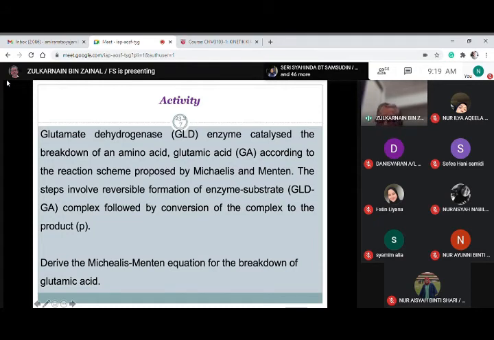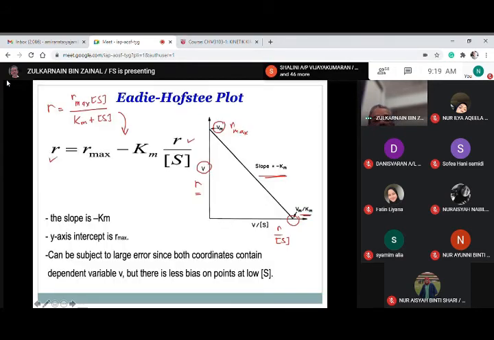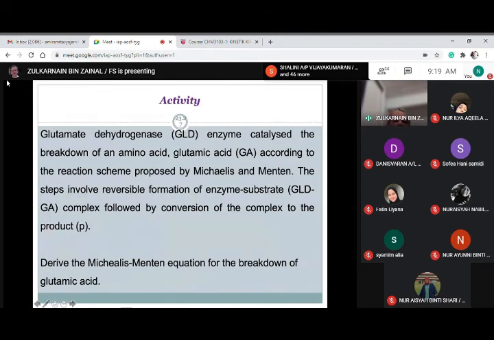Okay, so this is an activity to do. Glutamate dehydrogenase enzyme catalyzes the breakdown of the amino acid glutamic acid according to the reaction scheme proposed by Michaelis-Menten.